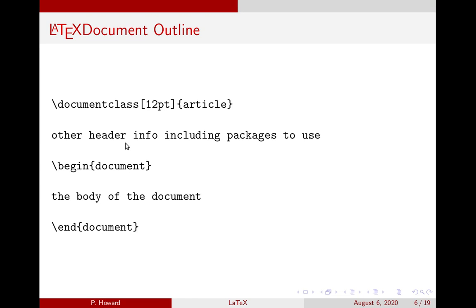For example, there are packages that you can use that make it easier and sometimes possible to typeset various kinds of things, like diagrams. And then between the begin document and the end document control sequences is the body of the document. So the sample source file that we looked at earlier followed this pattern.